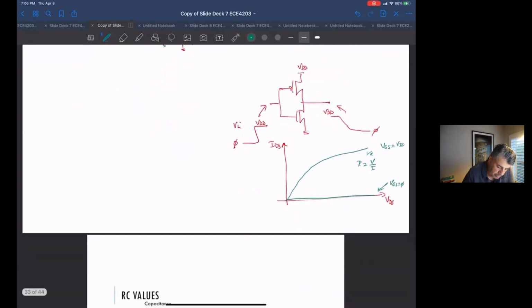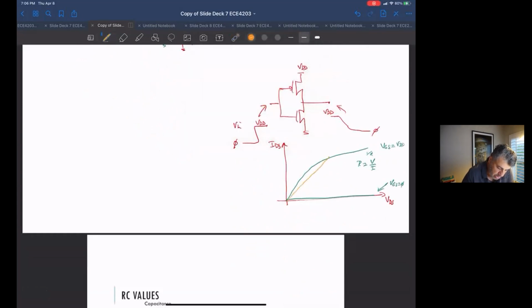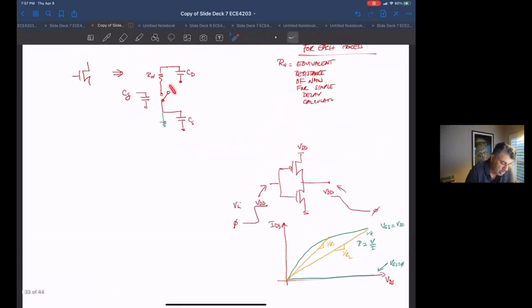So it would be this resistance or this resistance, and these would be the 1 over R values that this equivalent resistor would move between. So R sub n is the average of those values.